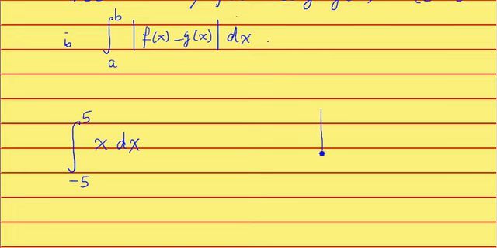For example, here you know that the graph of x has a special symmetry. Here's a graph of x. And our beginning and end is just from -5 to 5.